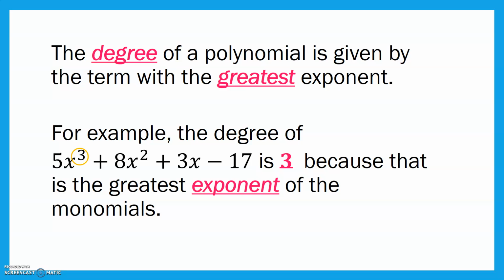We always want to make sure that they are put in order from greatest exponent to least. Notice I have x^3 first, then x^2, then x, and then no x. So they have to be in order from greatest to least of exponents, and the degree is then the degree of the very first term. In this case, it's 3.